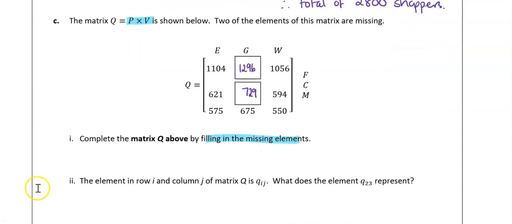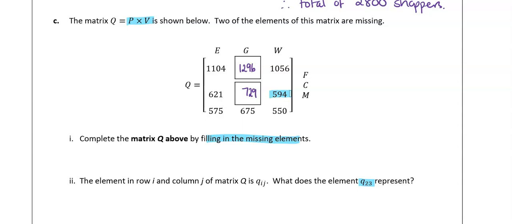The next part of the question is now asking: the element in row i, column j of matrix Q is Qij. So we're used to that notation or that wording now. What does the element Q23 represent? So row 2, column 3 of our matrix Q. It's asking, what does that number 495 represent?